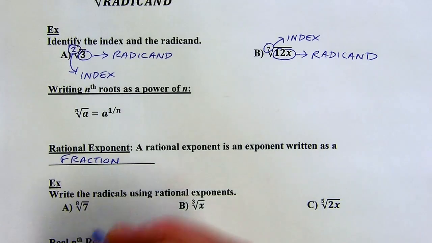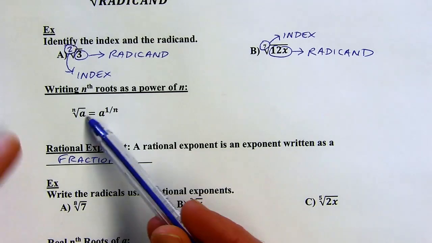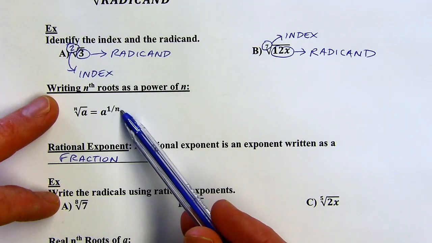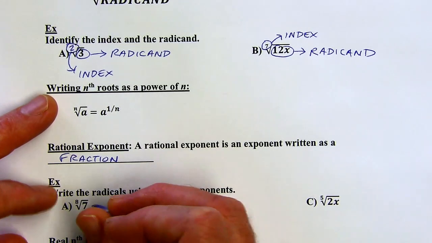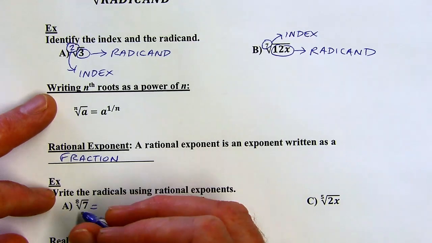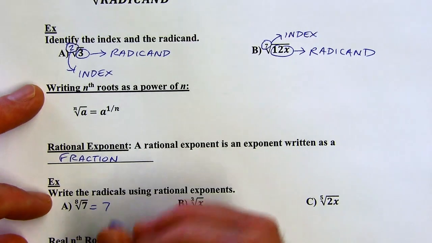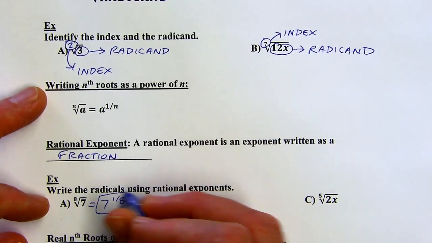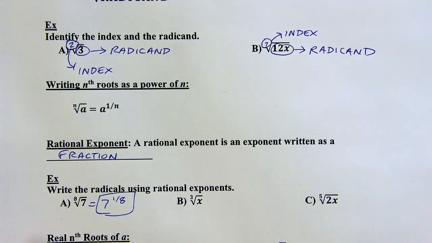If we're following this format, the index here is n. That's going to become the denominator when we convert this into this form. So the radicand is my base, and then that's going to be raised to the 1/8. So 7 to the 1/8 is actually equivalent to the 8th root of 7.